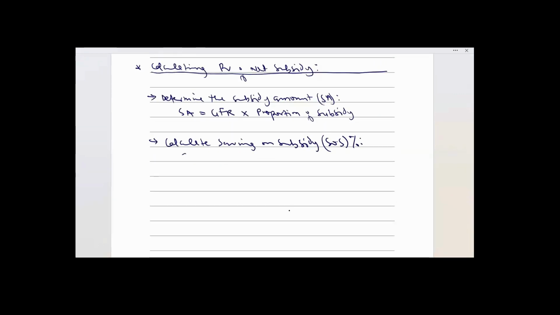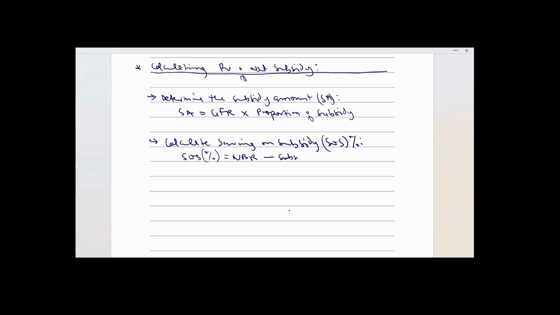I would say SOS, of course in percentage, is calculated as the normal borrowing rates, that is interest rates on normal borrowing, minus subsidy rates.